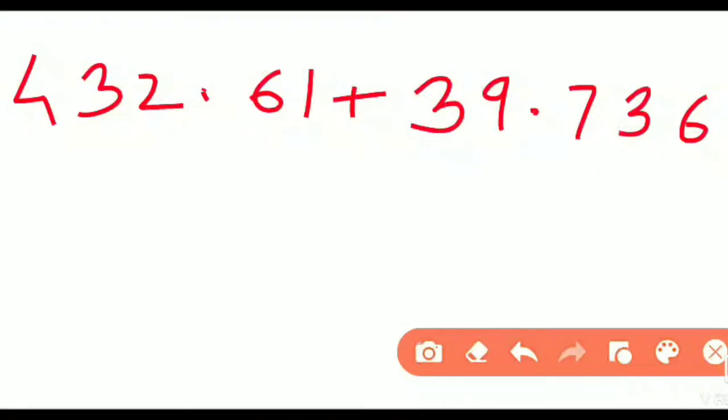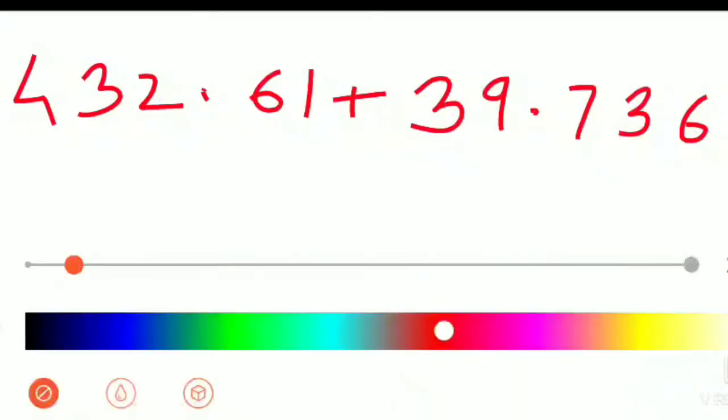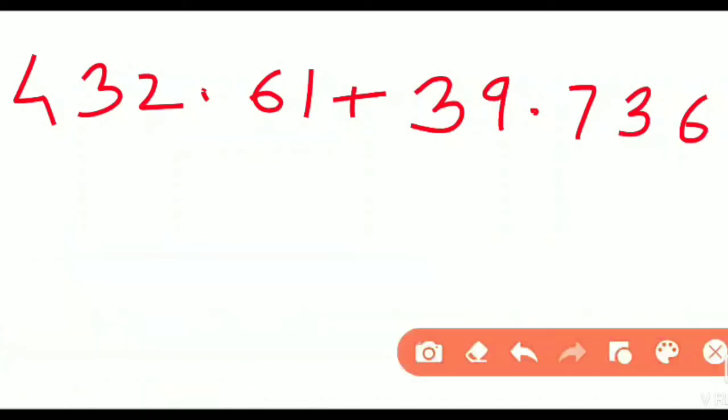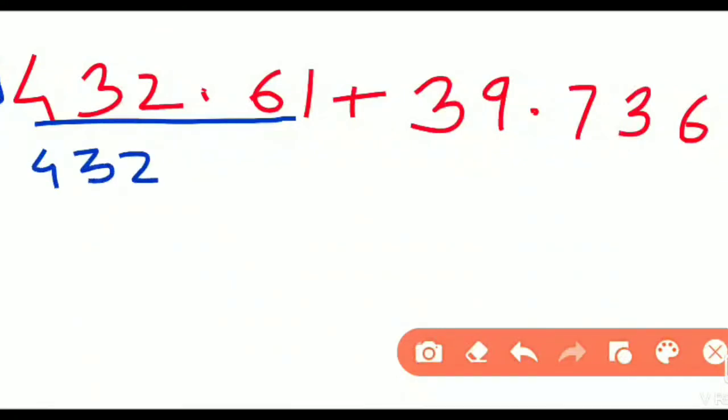So whenever you are solving these types of questions, keep one thing in mind: we have to write this number first. So I will write, this is question number 1. So I will write here 432.61 plus 39.